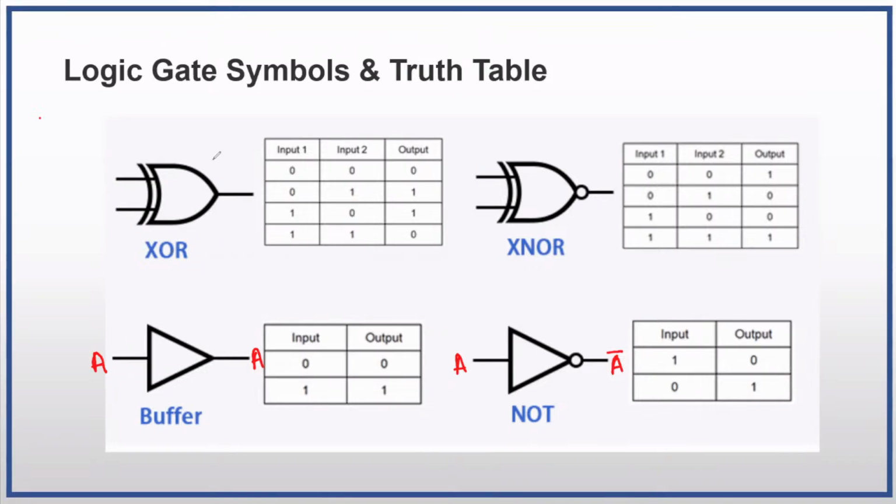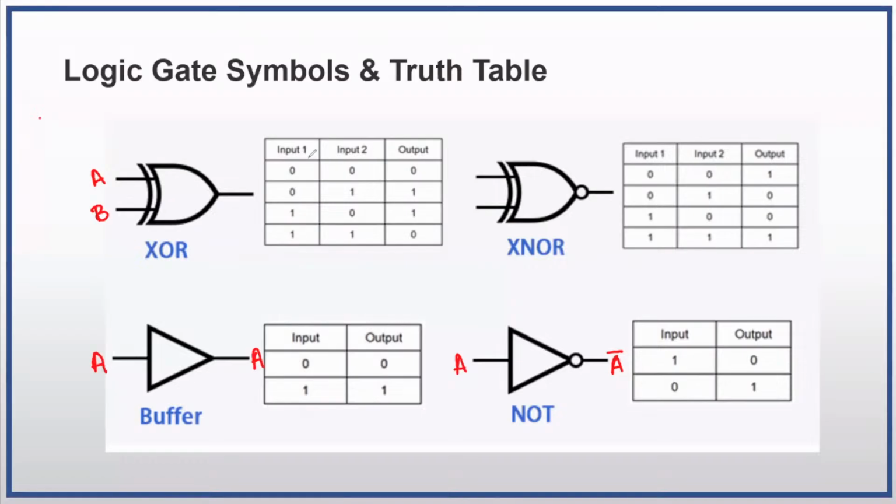There are two derived logic gates here. The first one is XOR, another one is XNOR. In the XOR, when both inputs are the same, you get the output as false.